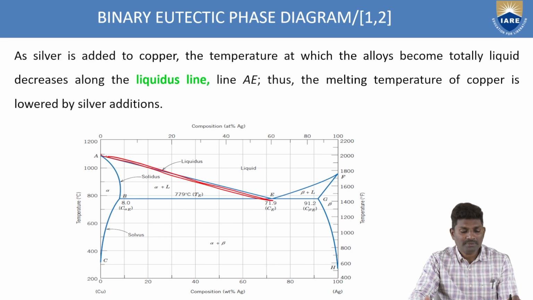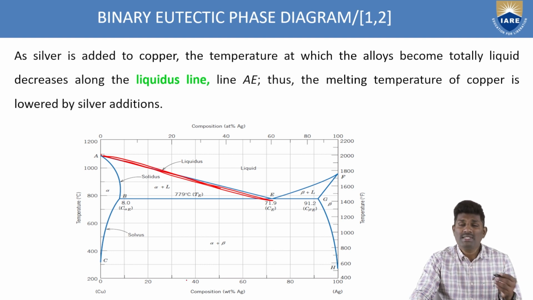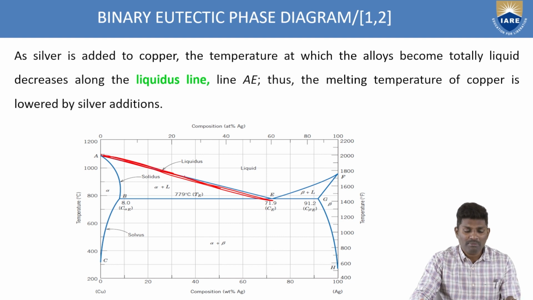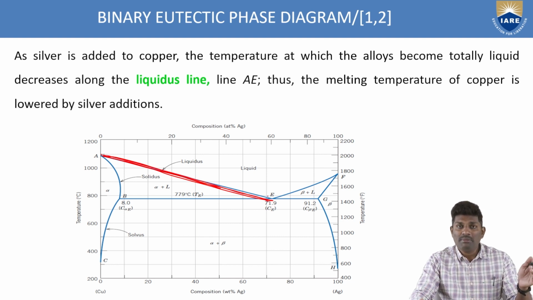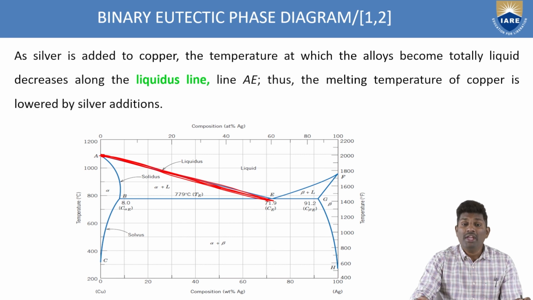As we add silver to the copper, the temperature at which the alloy becomes totally liquid slowly decreases from this point to point E. So like this you get a reduction along the liquidus line. That is, the melting temperature of copper is lowered by the addition of silver.